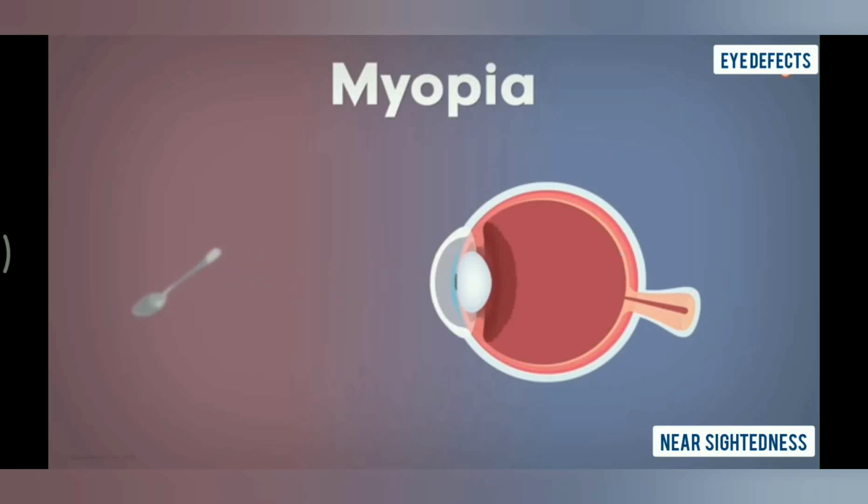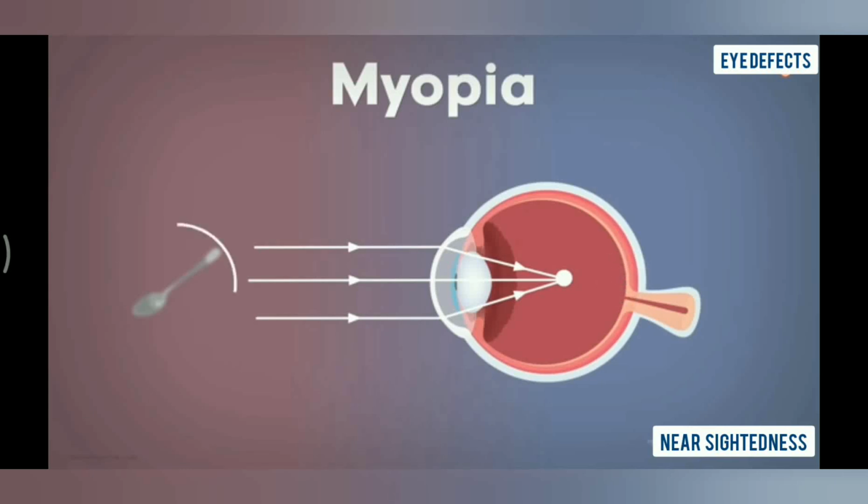But when the object is placed far away, then the rays after refraction tend to converge at a point in front of the retina. That is, the image is formed in front of the retina, and thus the image on the retina is blurred or out of focus. Now let's find out the reason for this.